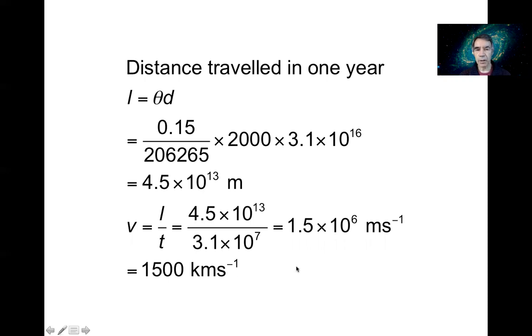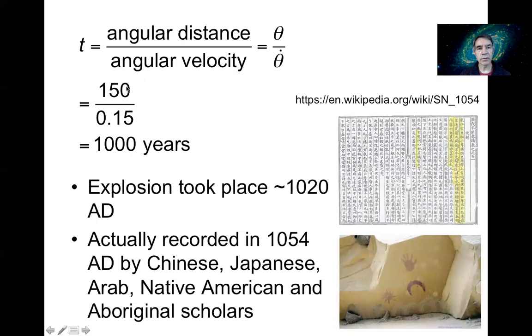Now, if it's been moving at that 0.15 arc seconds per year since it started, and it's traveled 150 arc seconds in radius, then you can work out when it started. The time taken is the angular distance divided by the angular velocity.